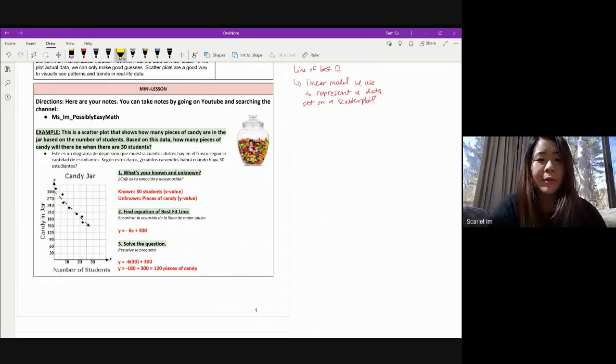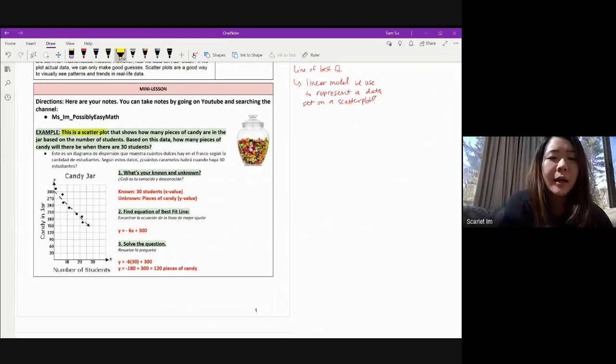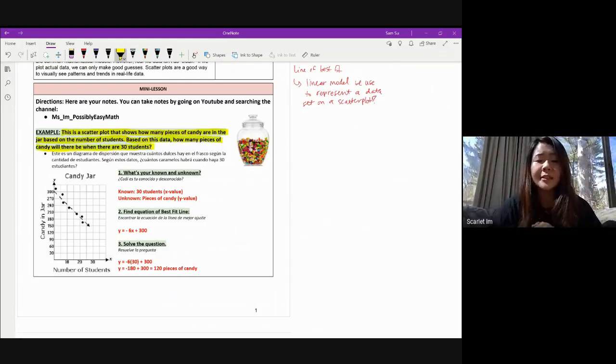You'll notice I'm going to write down or highlight our instructions in green moving forward, so you know exactly where to look. This example is a scatter plot that shows how many pieces of candy are in a jar based on the number of students. Based on this data, how many pieces of candy will there be when there are 30 students? This is the situation, and there is our question.